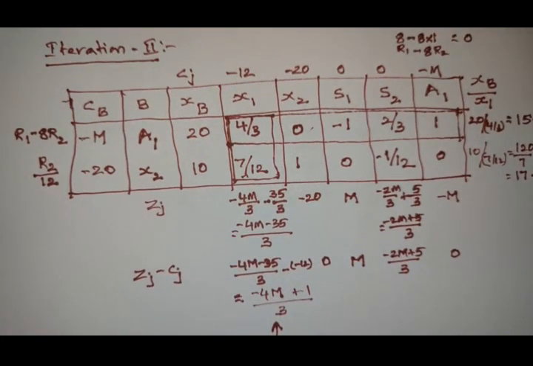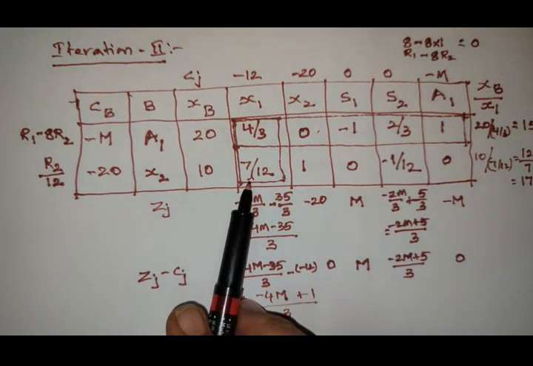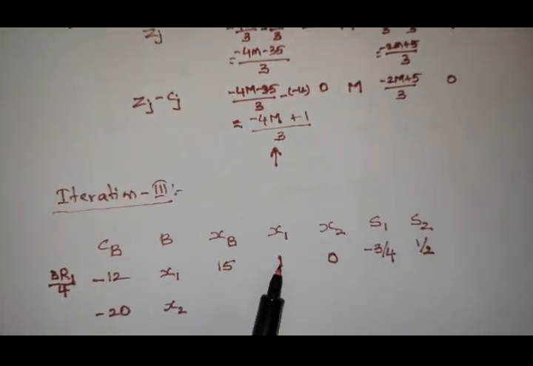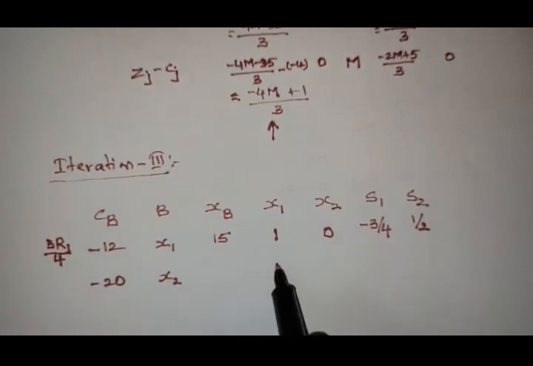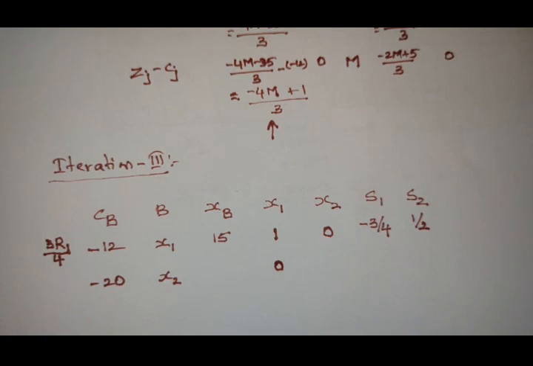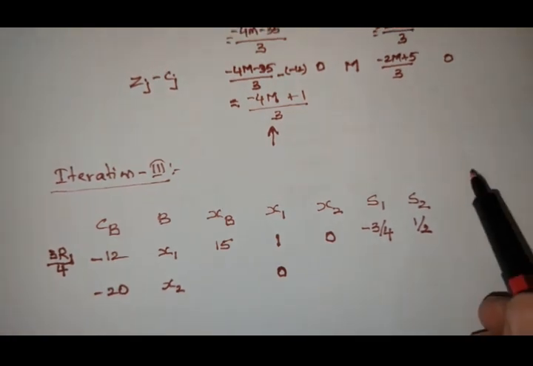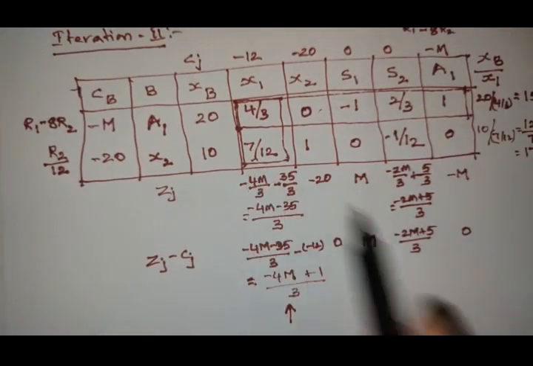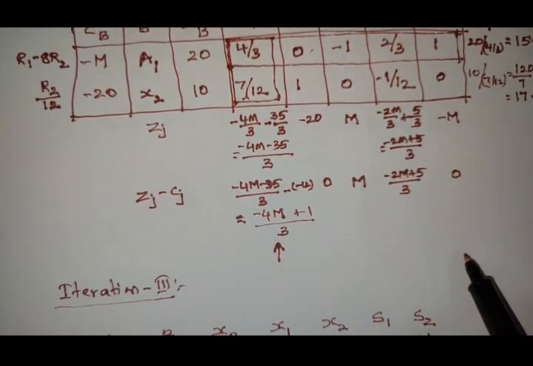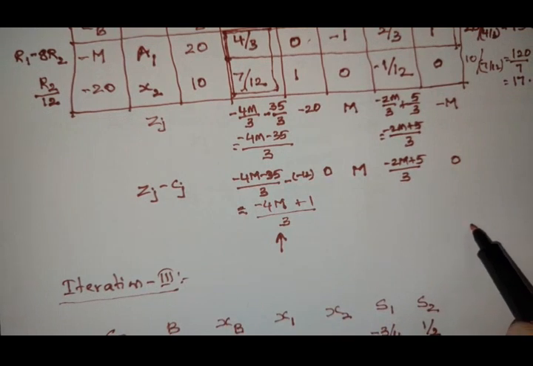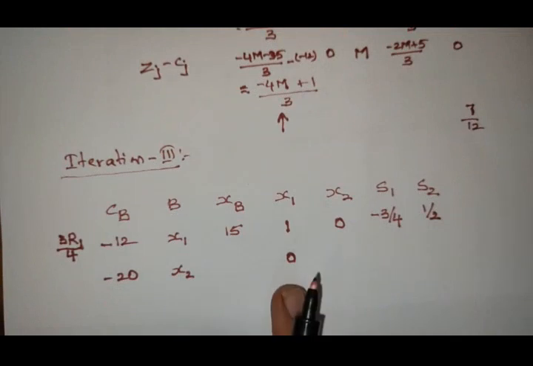Next, what is the other element in the key column? 7 by 12. And here what is the value we have? 1. But here I require 0. In order to get that as 0, what should we do? Just for rough purposes I am doing it here, 7 by 12.